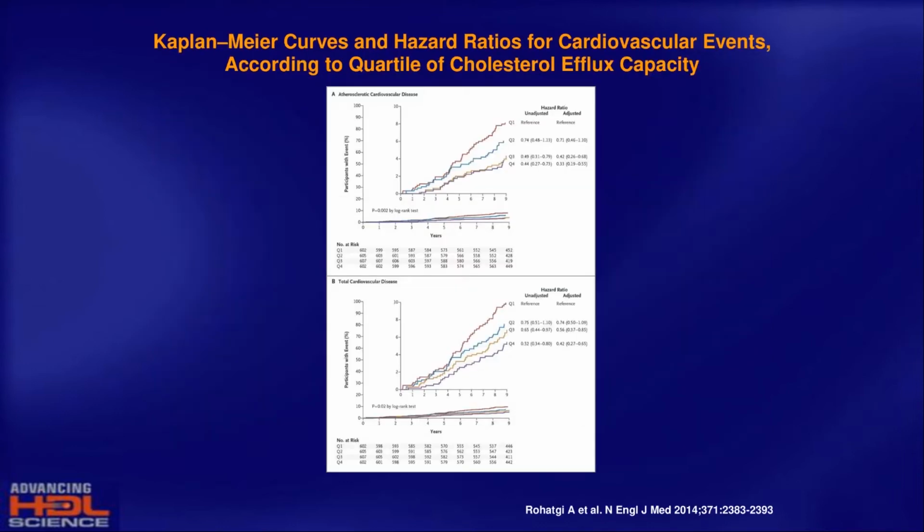In this very busy slide, it's basically showing that the more efflux, the lower the risk, and looking at this quartile analysis, less efflux, higher risk for atherosclerotic cardiovascular disease and total cardiovascular events.